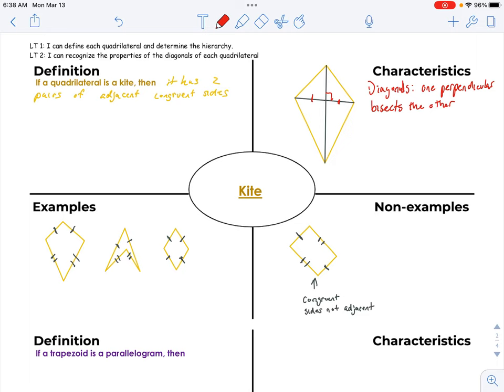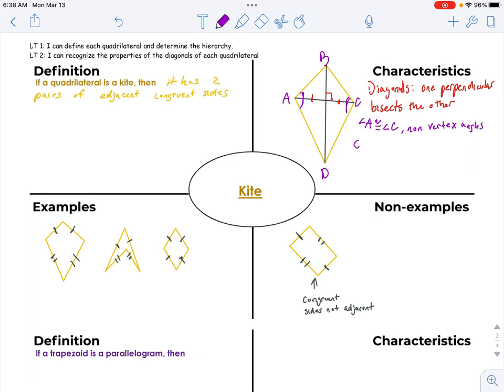All right. These purple angles, we'll keep it simple, we'll call this whole thing A, B, C, D. Angle A is congruent to angle C, and they're called non-vertex angles.